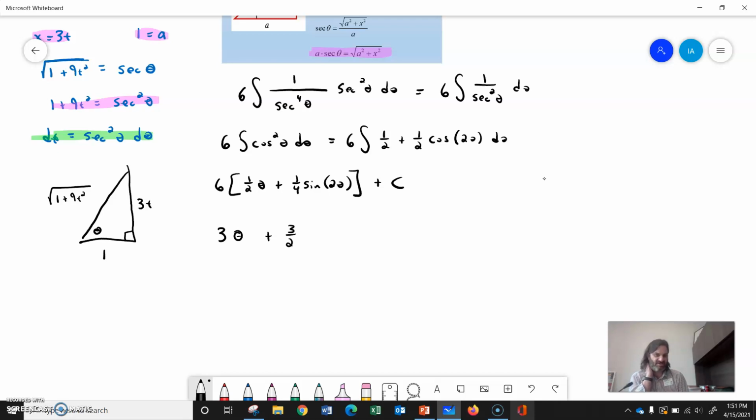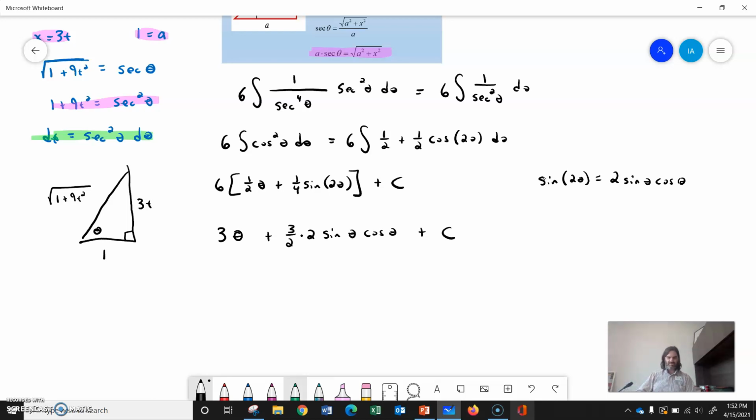But our triangle is not going to deal with the angle 2 theta. So let's change that using sine of 2 theta equals 2 sine theta cosine theta. Use that trig identity, so we'll change sine of 2 theta to 2 sine theta cosine theta plus c.